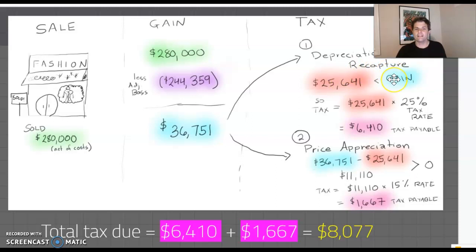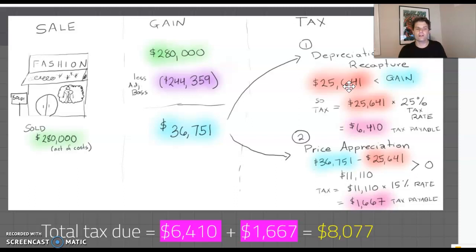That is less than the overall capital gain, right? So I've got $36,000 in gain, $25,000 of depreciation that I took. So I'm paying the full, I've reclaimed my whole $25,000 that I wrote off, so I pay tax on that full amount.